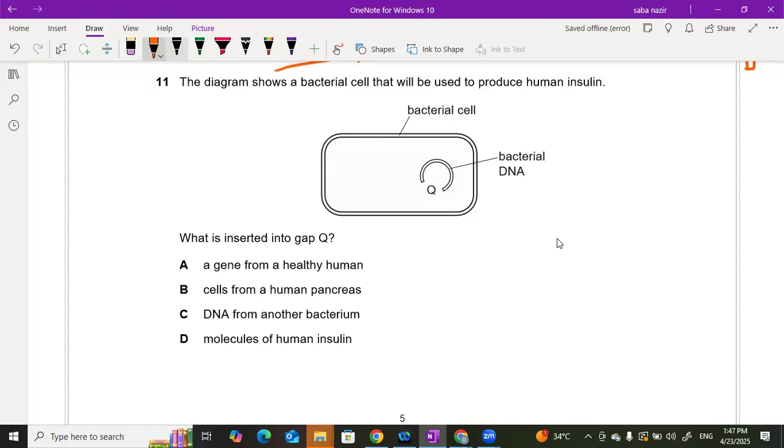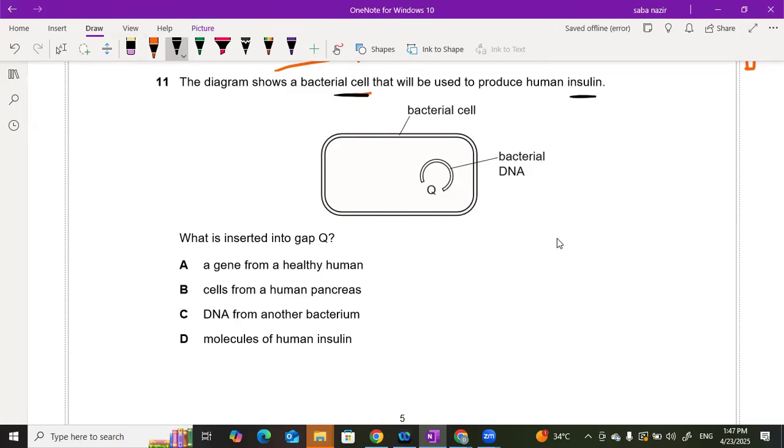The diagram shows the bacterial cell that is used to produce human insulin. We want to use this bacterial cell to produce human insulin, so these are the objectives, right?